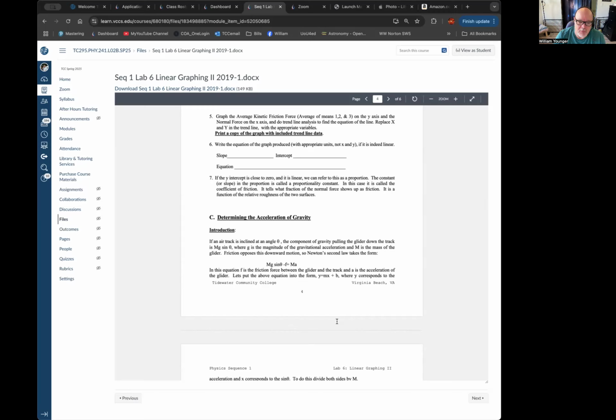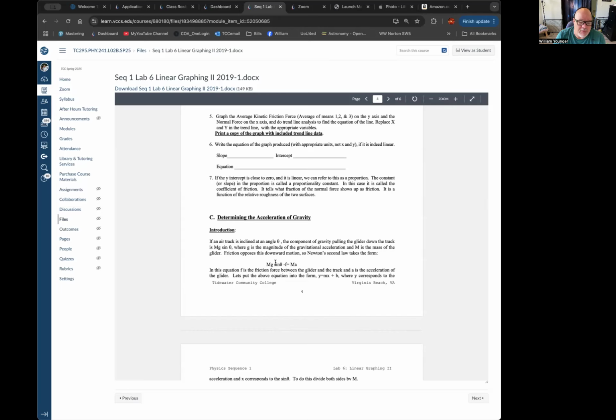Now, the equation that we're looking at is Newton's second law, F equals ma, and remember the F means the sum of all the forces. You've seen in class that when we deal with inclined planes at an angle theta, the gravity force parallel to the inclined plane is mg sine theta. So that's what they're showing here, mg sine theta minus a friction force that would also be parallel to the surface but in the opposite direction of gravity.